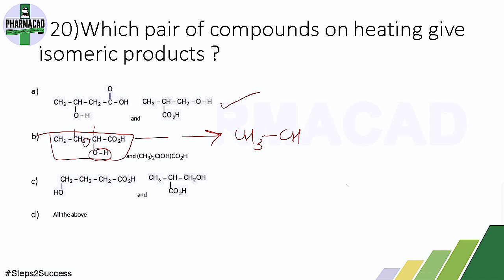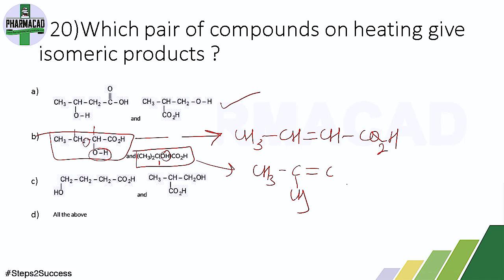Whereas on hydrolysis of this, the OH from this carbon atom and hydrogen are removed and we will get the product CH3, CH, only C with one CH3, doubly bonded with carbon and with CO2H, and this carbon is with one hydrogen.